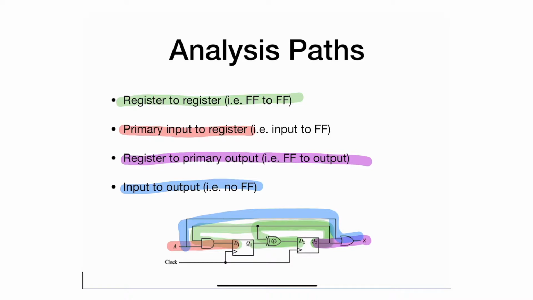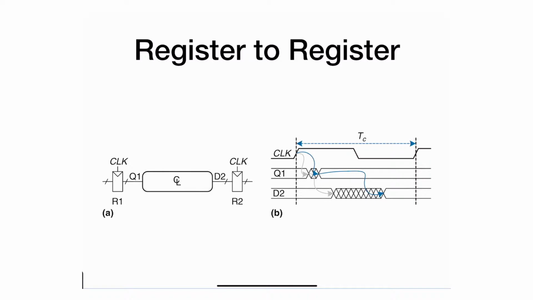In my discussion in the following, I'll just focus on the register to register path, which starts with a flip-flop and ends with a flip-flop, because it's the most complicated one, and the other ones can be treated as special cases of it. If you know how to deal with a circuit that has a couple of flip-flops and you're maintaining the setup time and the hold time for both flip-flops, it's easy to do the analysis for a path that only has one flip-flop. So I will focus on this register to register path.